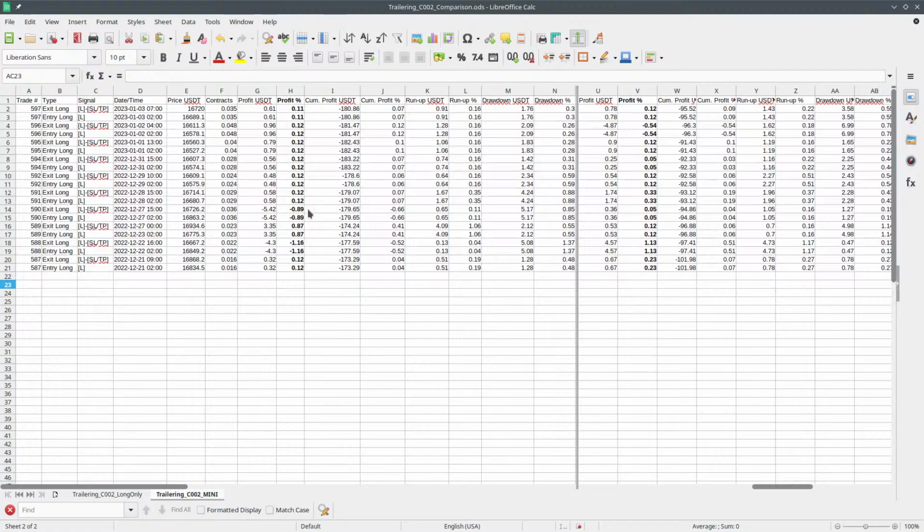Why is the profit 0.12? This is because of fees. Otherwise, it would be 0.20. You can see that one of them is 0.11 and the other one is 0.12.